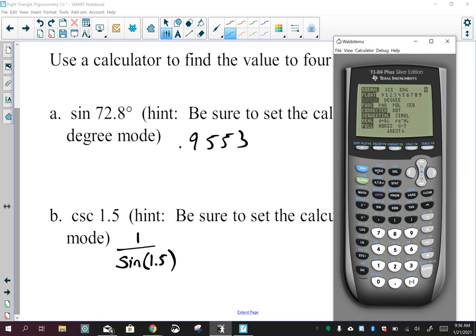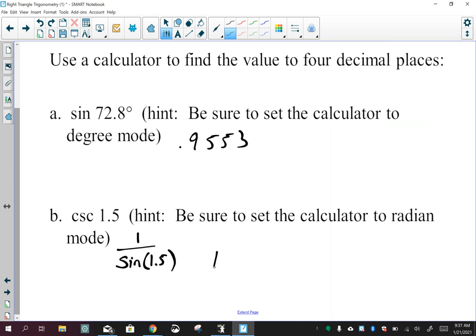Then we have 1 over sine of 1.5. With 3 decimal places, I get 1.003. Just pay attention. The hardest piece is making sure you're going back and forth between radians and degrees.